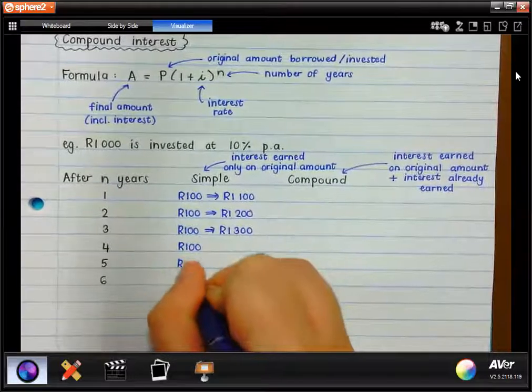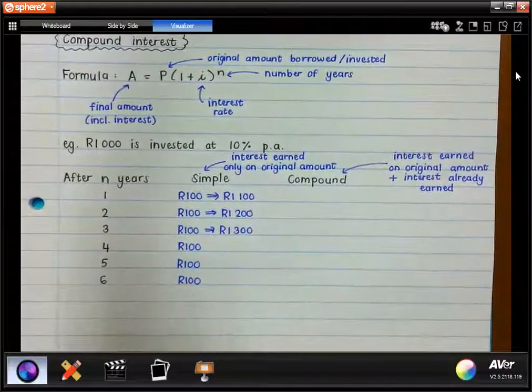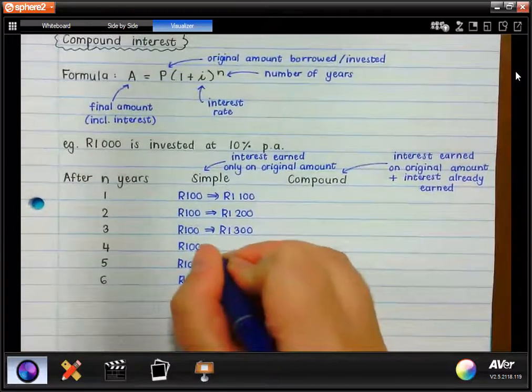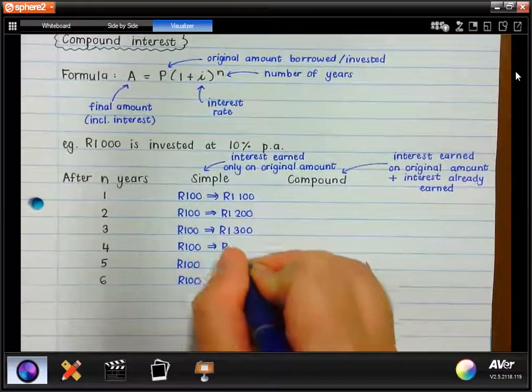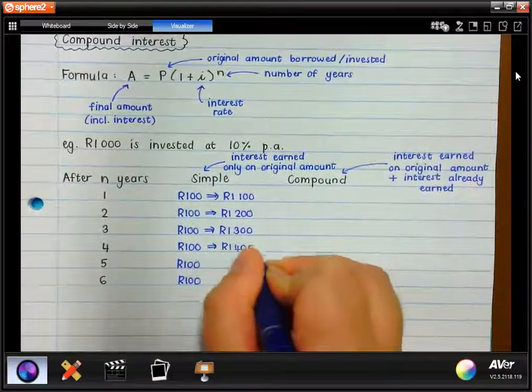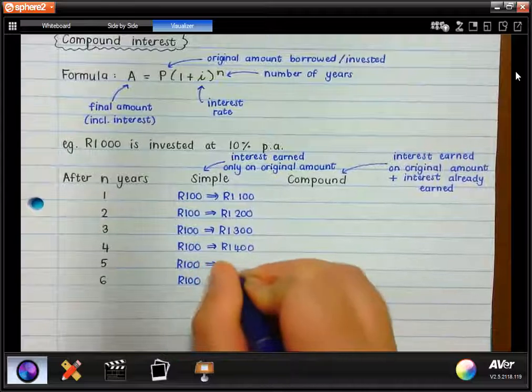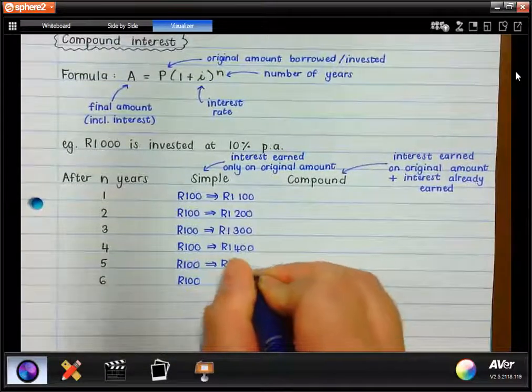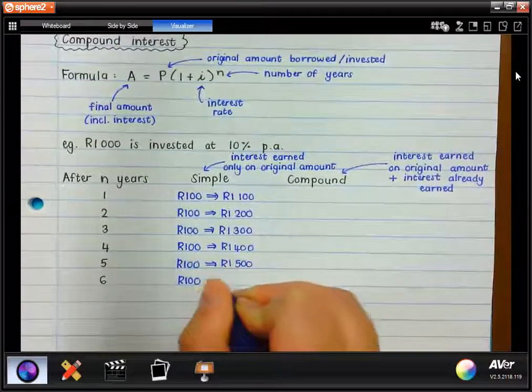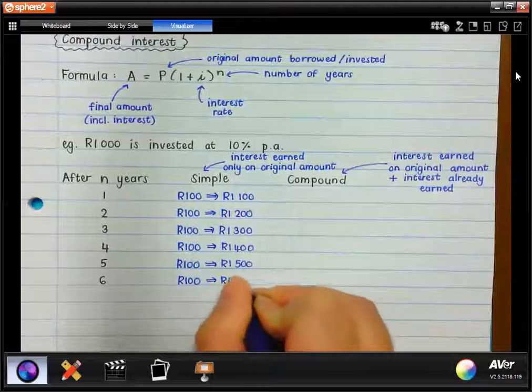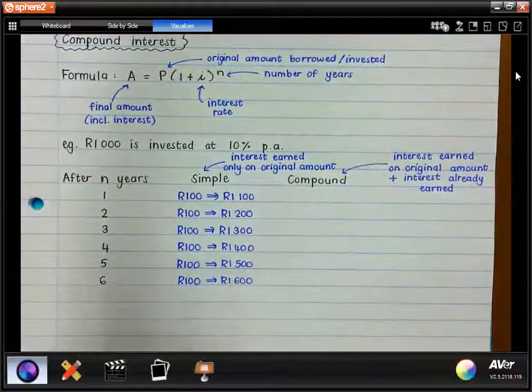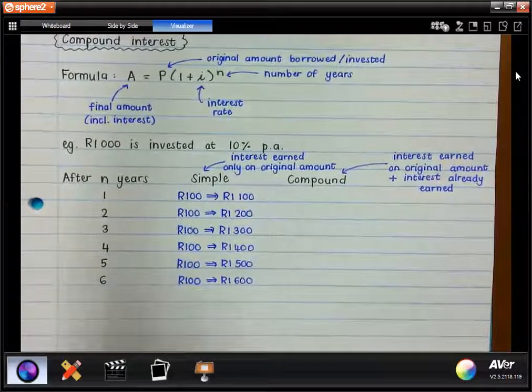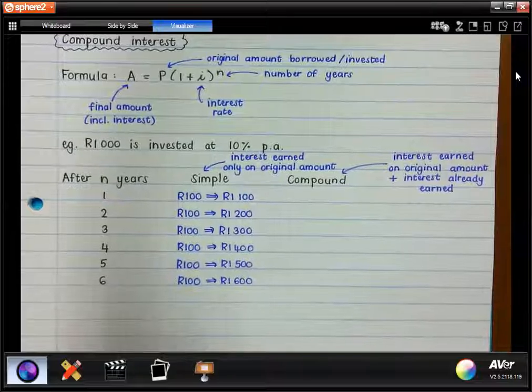And then in the 6th year, we're also going to earn 100 Rand. So every year, that is what is added to my investment, just that 100 Rand. So at the end of 6 years, I only would have actually earned 600 Rand worth of interest.